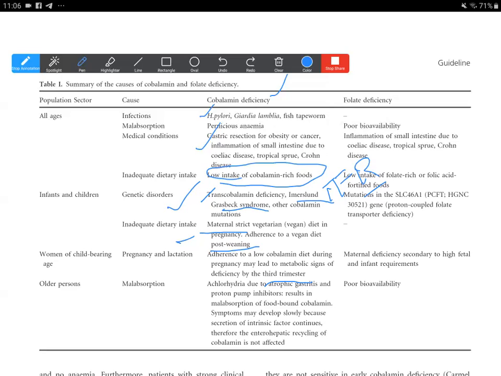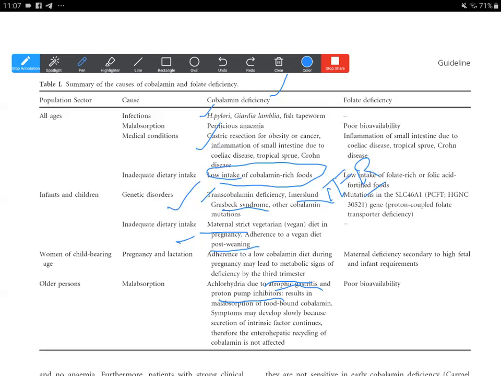In older people, achlorhydria. In the older people, there are those defects with atrophic gastritis and proton pump inhibitors because of all those malabsorption of food that they have, all those gastric complaints that most elderly have. So they are mostly on proton pump inhibitors, and their gastric mucosa may itself be atrophic. So all these causes may lead to achlorhydria, and there could be resultant malabsorption of food-bound cobalamin, and the symptoms may develop slowly.